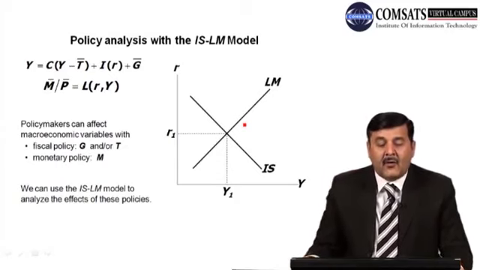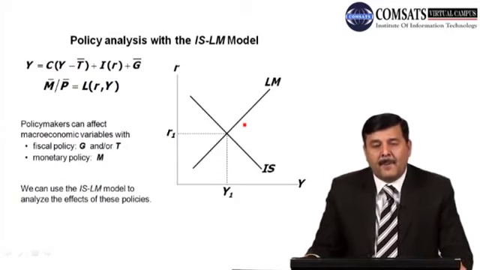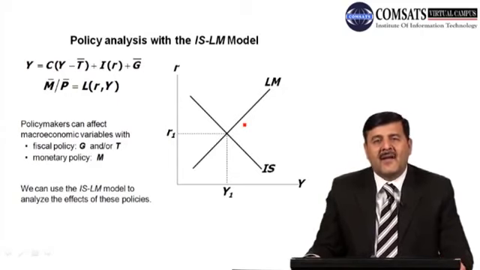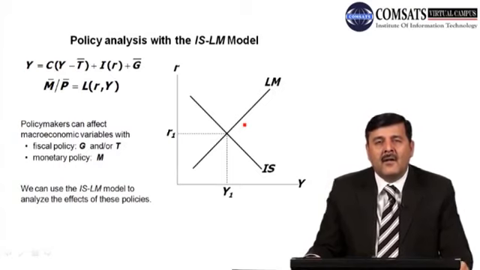policymakers can affect macroeconomic variables with fiscal policy. And what are the tools of fiscal policy? The tools of fiscal policy are government purchases and taxes. The second tool of the policymaker is monetary policy, and the instrument of monetary policy is the money supply.